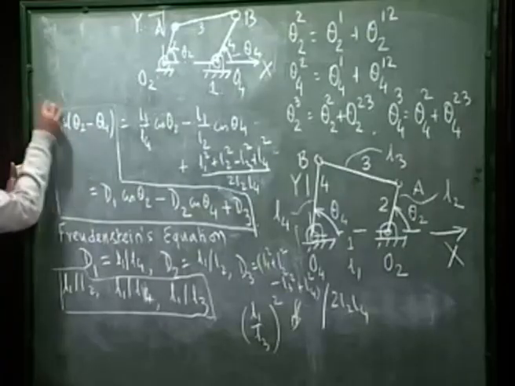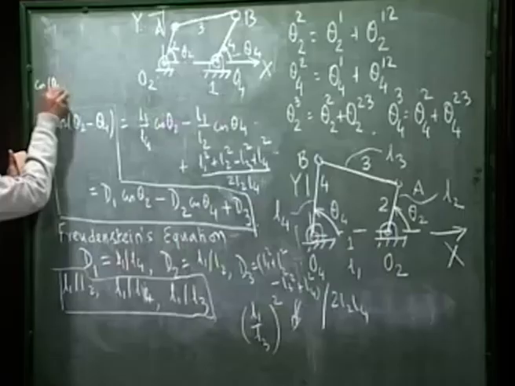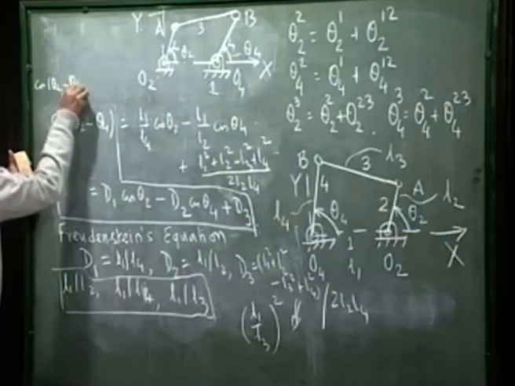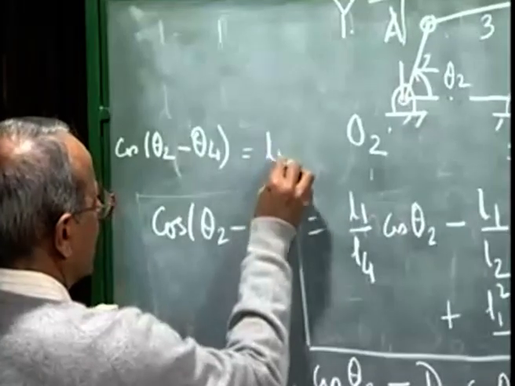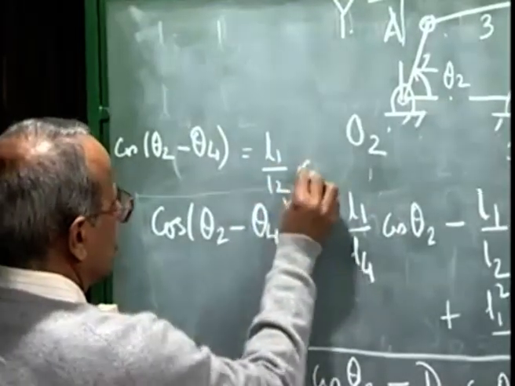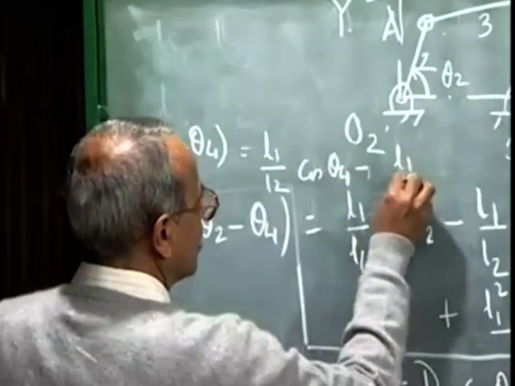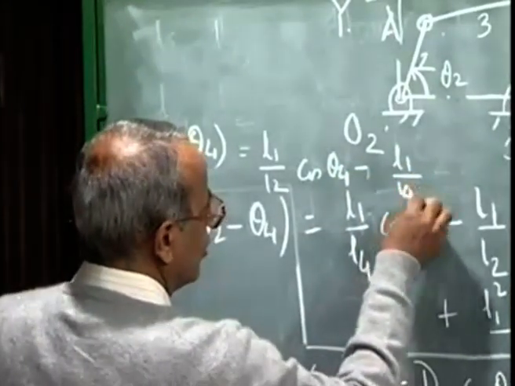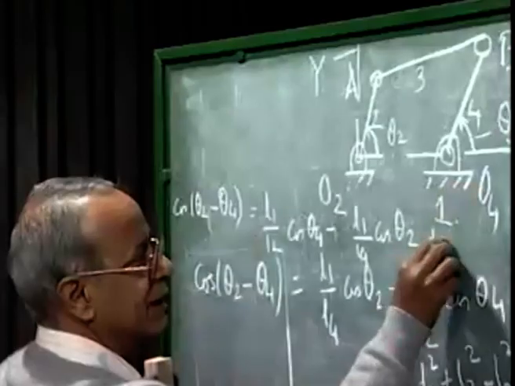So, this equation will be cosine theta 2 minus theta 4 will be L1 by L2 cosine theta 4 minus L1 by L4 cosine theta 2 plus D3.